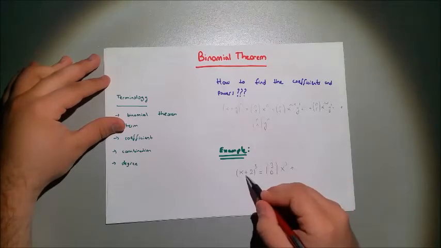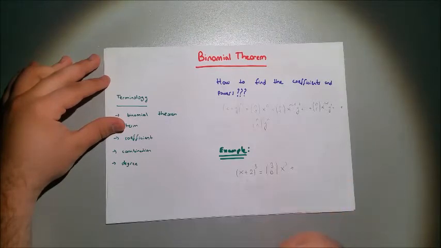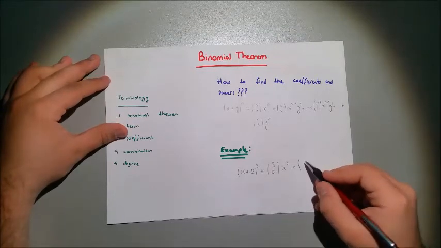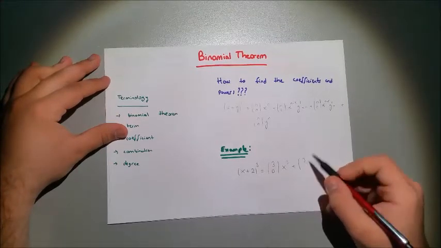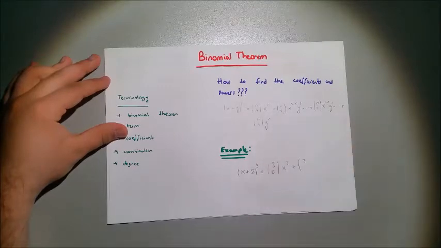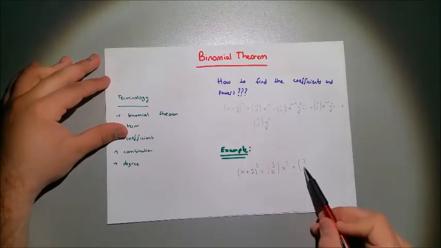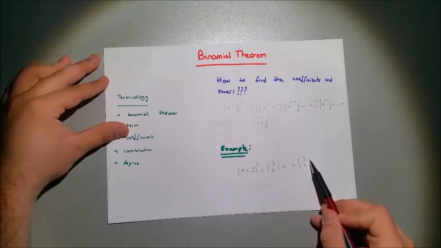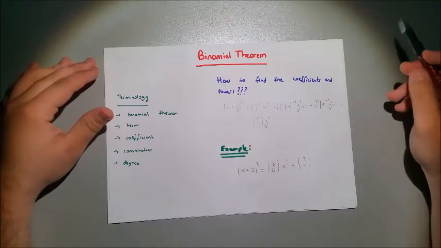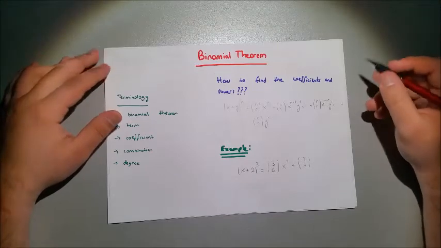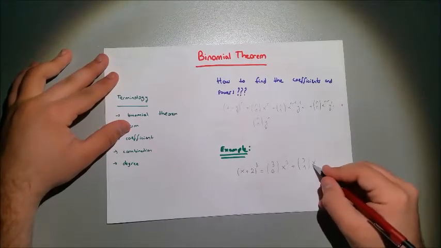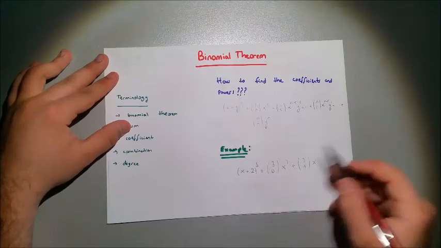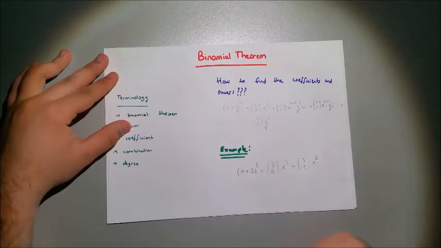Then a plus, and again a combination, the degree, and now I put 1, so it's 3 to the 1, and I put x again, but now I just take 1.